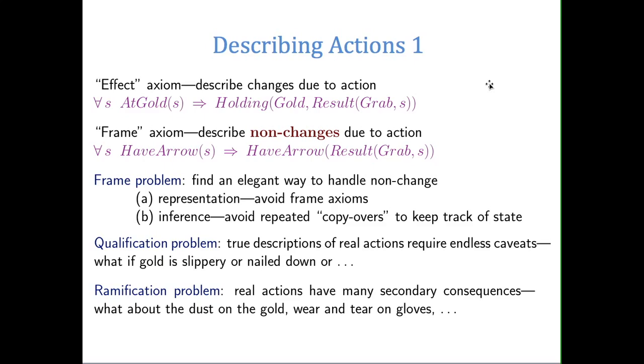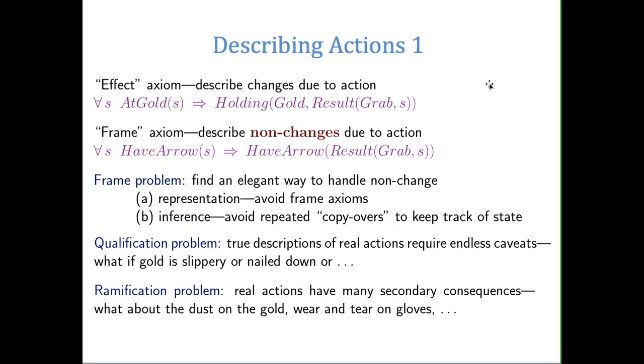Now, there's a very famous issue in AI called the frame problem. And the problem is to find an elegant way to handle non-change. Just because we've grabbed the gold, we need to be able to understand that nothing else in the world has changed.